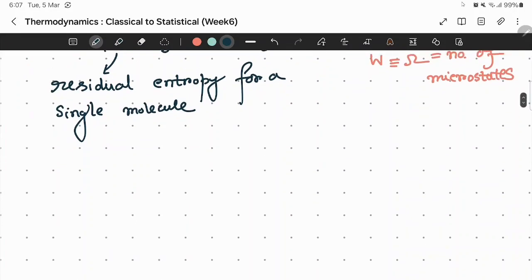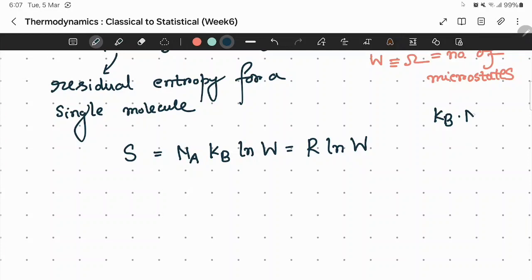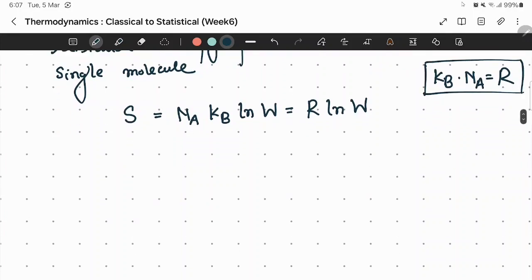If you calculate it for a mole, then it will be multiplied by N_A, so it will be R ln W, because we know Kb times N_A equals R. So for now, we will calculate for a single molecule.